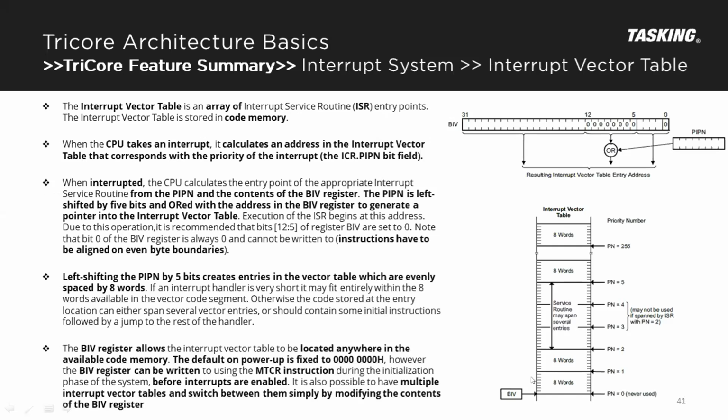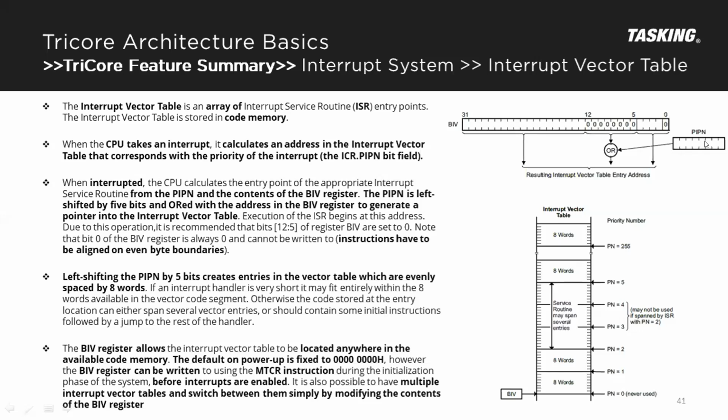To fetch the interrupt service routine address, I use something called the BIV register, I think it's the base interrupt vector register. It points to the base of the interrupt vector table, and I use the priority number combined with this base interrupt vector value in order to reach the proper interrupt service routine.